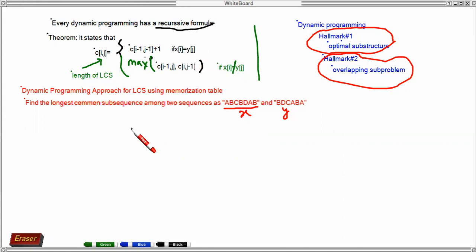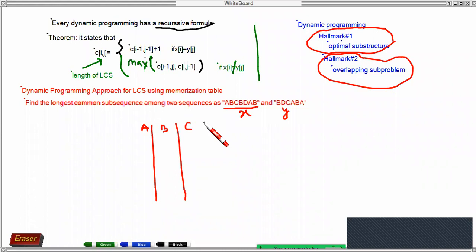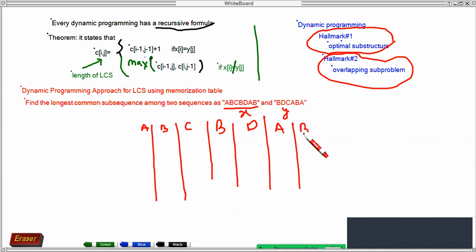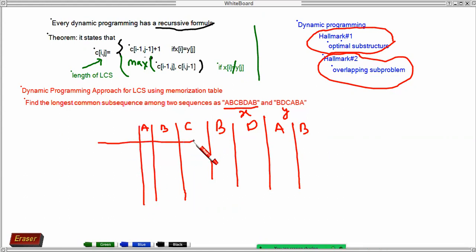The method is that first you have to make a table. I'm writing A, B, C, B, D, A, B as columns, and another table you have to take.